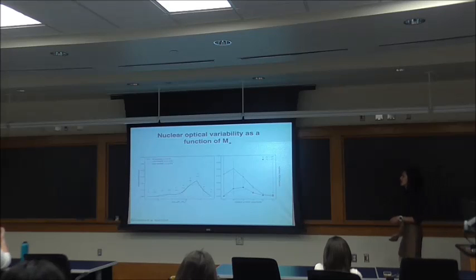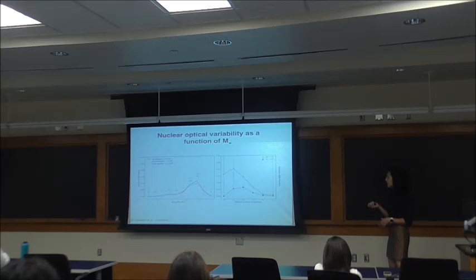We also looked at the fraction of variable objects as a function of stellar mass. That's what this is showing here, variable AGN fraction versus stellar mass. As you would expect, the fraction of variable AGN decreases as you move to lower stellar masses. We wanted to make sure that this wasn't just an artifact of the fact that the lower mass galaxies are fainter.